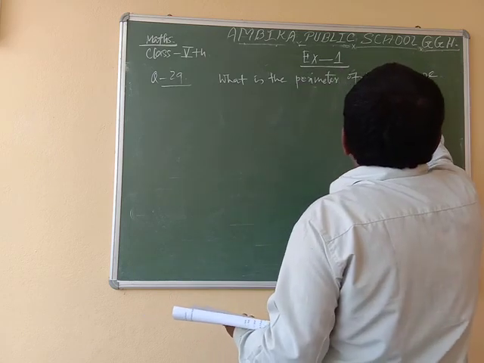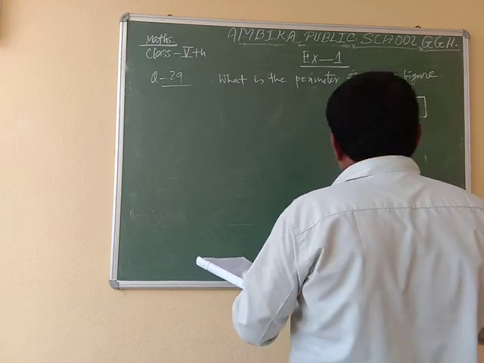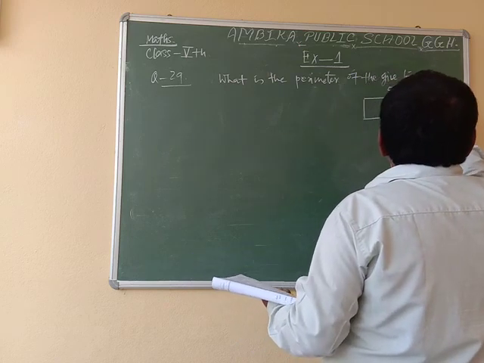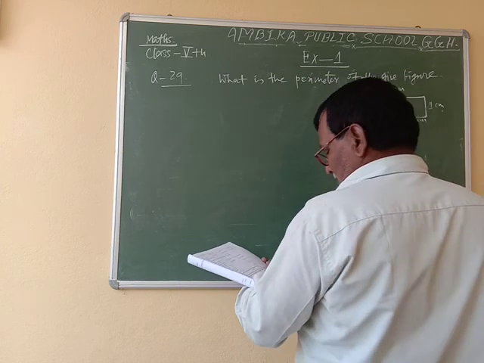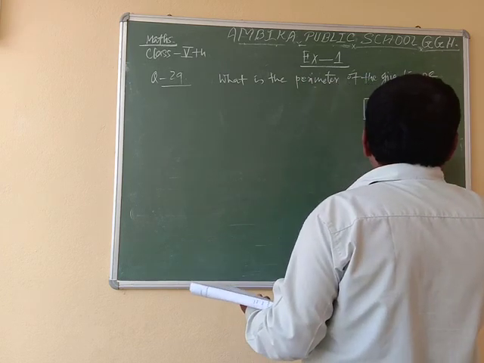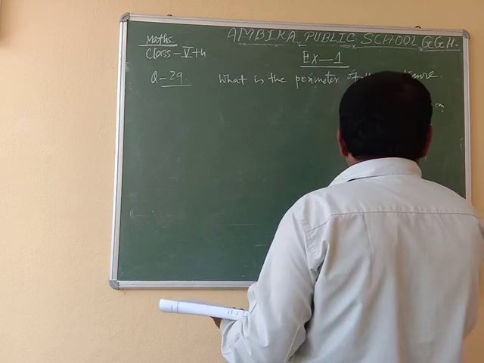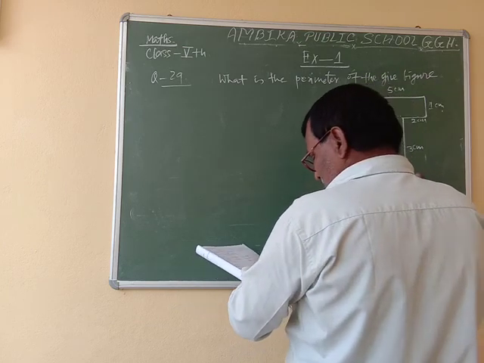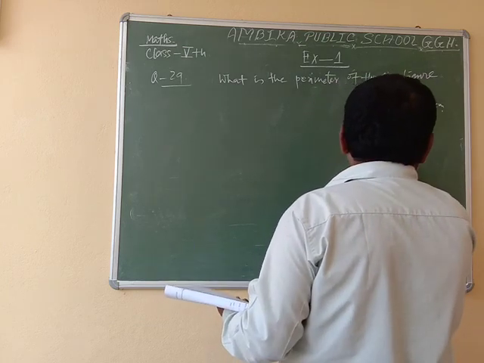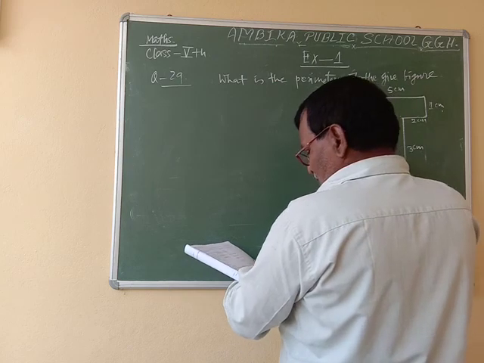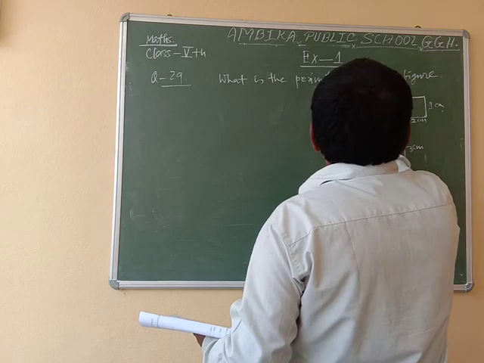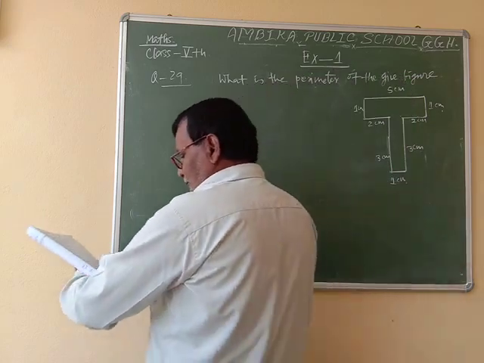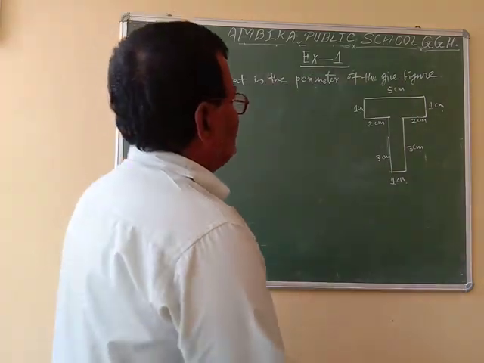Half centimeter, 1 centimeter, 2 centimeter, 3 centimeter, 1 centimeter, 3 centimeter, 2 centimeter, 1 centimeter. We have to find the perimeter of this figure.